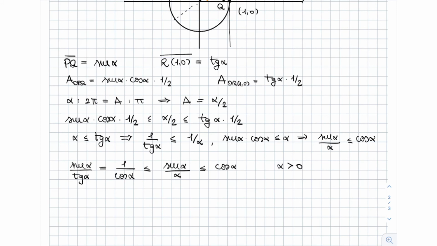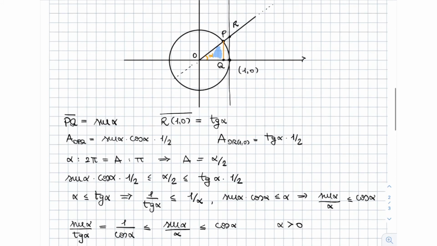Now, if we come back to the picture here, we can see that if alpha is near 0, then cosine of alpha is near 1, because it's the x-coordinate of the point P, and actually cosine of 0 is equal to 1.